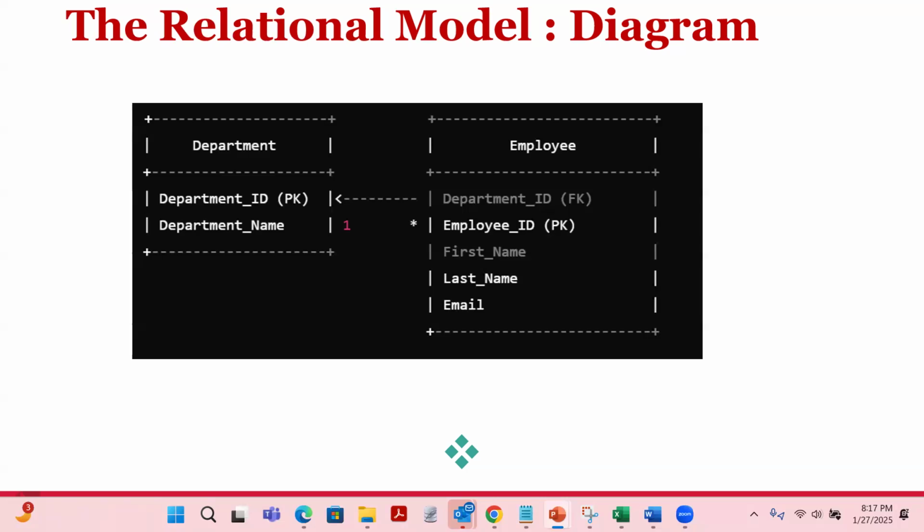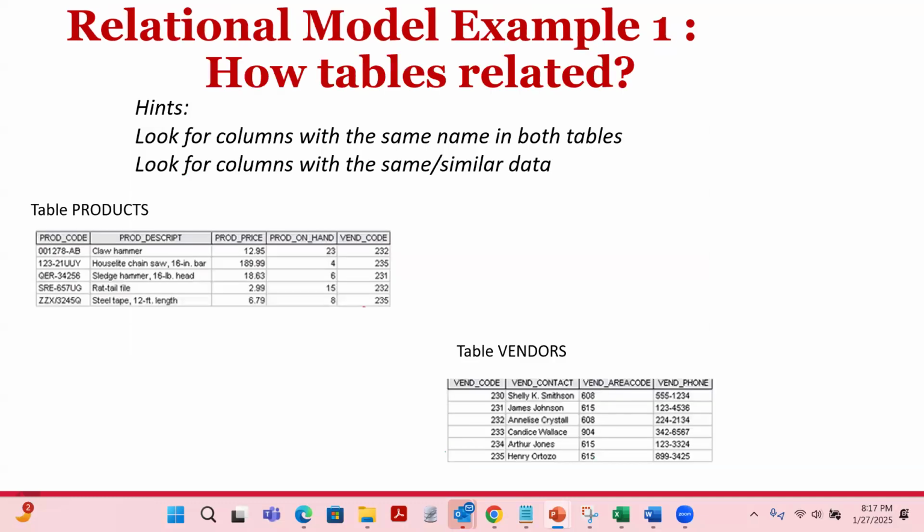Now let's look at a couple of examples on how to identify how the data is related to each other in relational data tables. Let's look at this example.